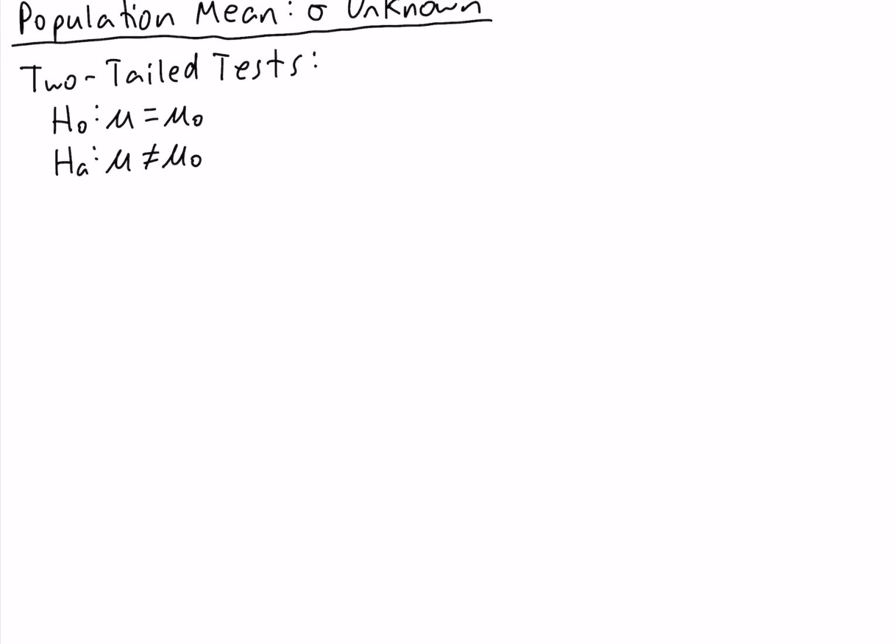So the first step in a hypothesis test is always to calculate the test statistic. Now, since sigma is unknown, we're going to write our test statistic as t, and it's going to be equal to x bar minus mu naught over s divided by the square root of n.